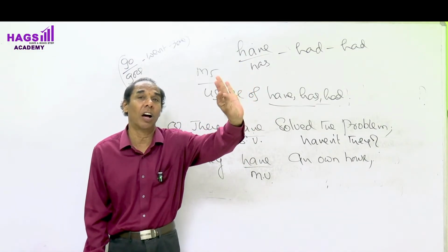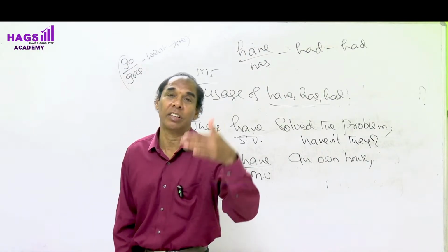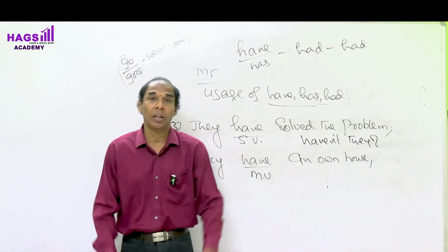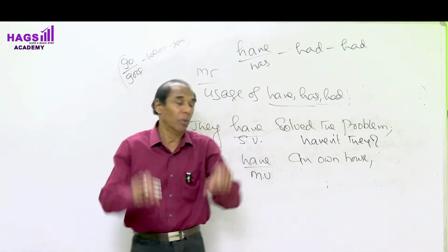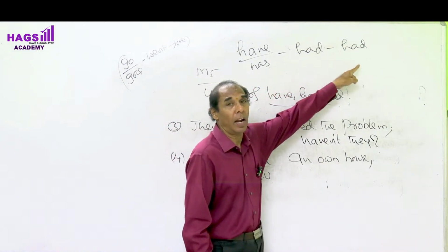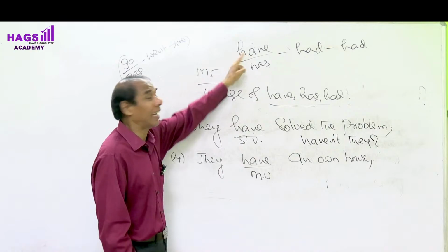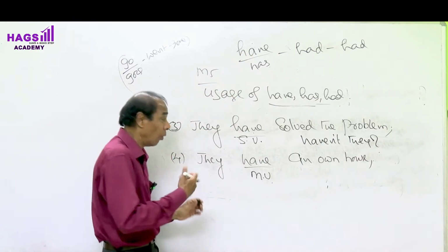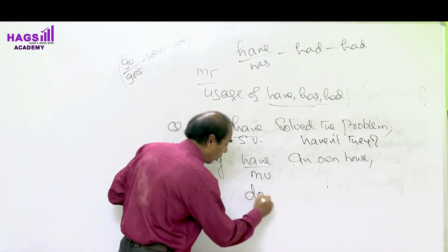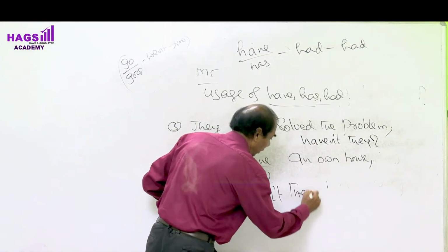Borrow do, does or did. First, write the three forms of the verb: have, has, had. Have is present tense without s. In the case of present tense without s, what do you have to borrow? Do. Do plus not: don't. Don't they. Very easy.